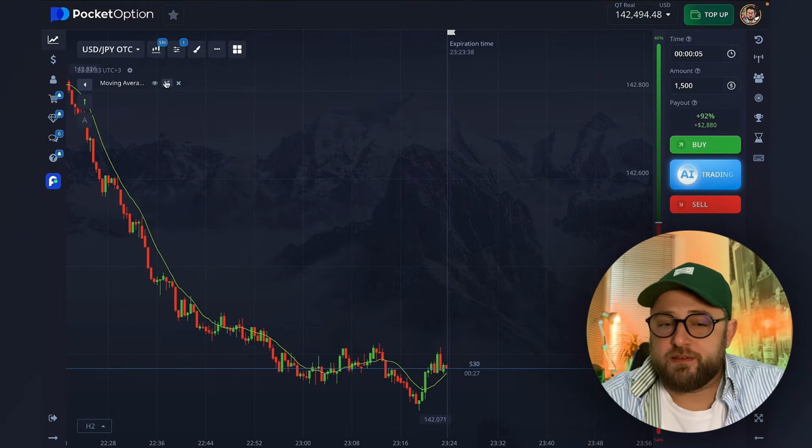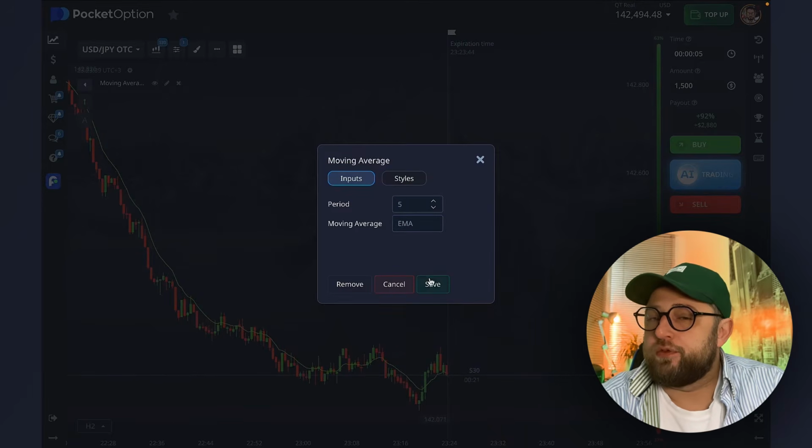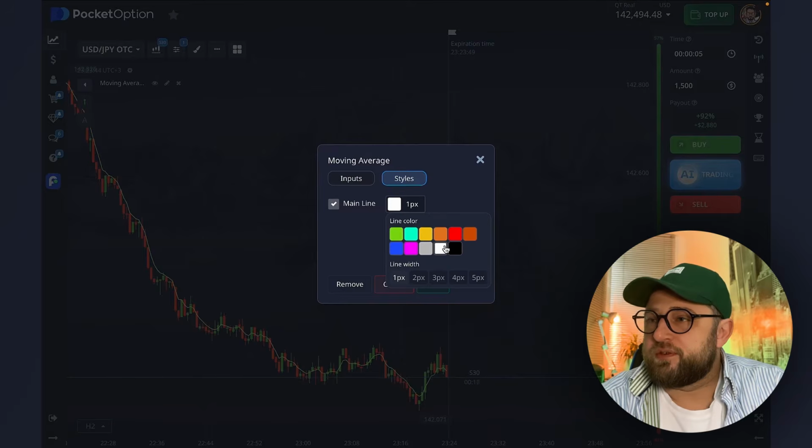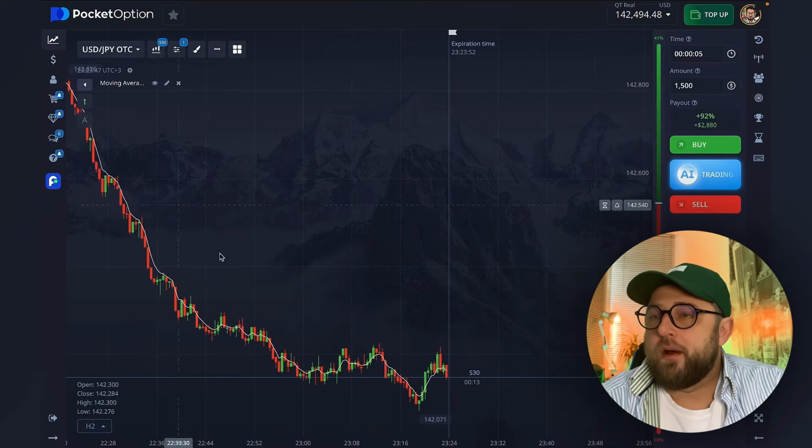Moving averages, let's go. So first we change to EMA and set the period to 5, and I also changed the style, of course, because I don't like when my chart looks the same.